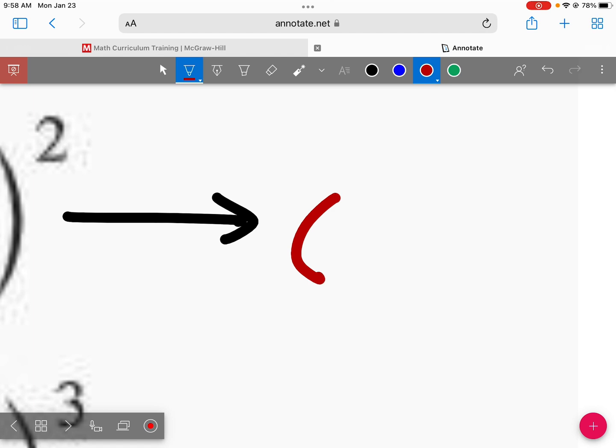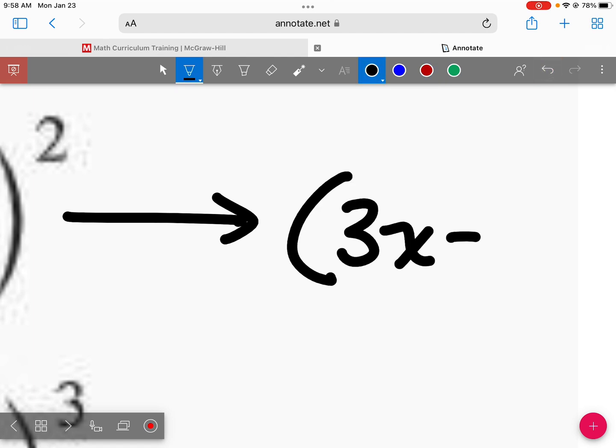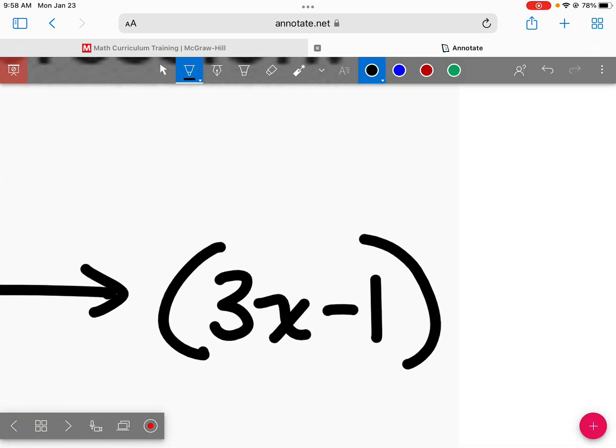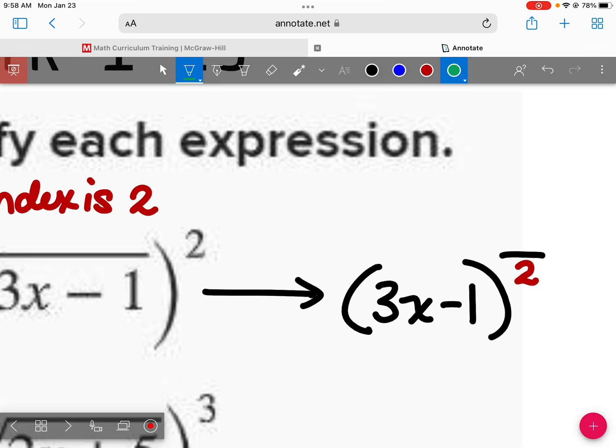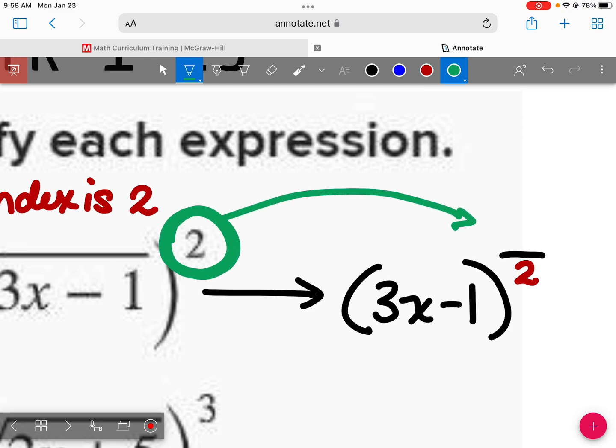I have 3x minus 1. You said the index was 2, so that would go on the bottom of the fraction. What would go on the top of the fraction? This 2 right here. That's the exponent. That's going to go up on top.